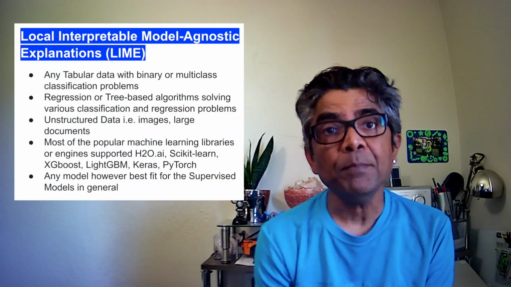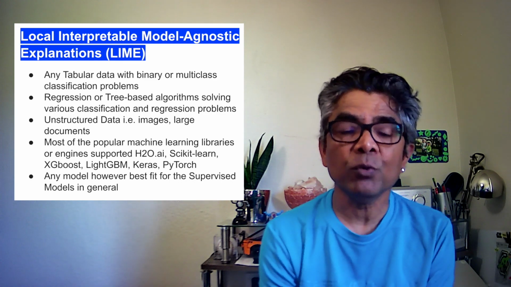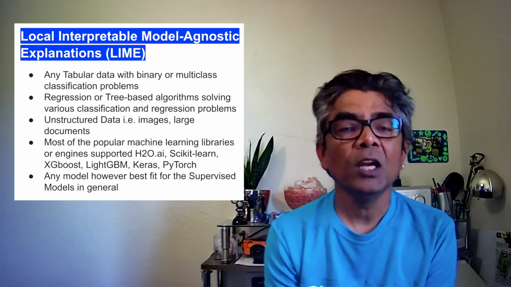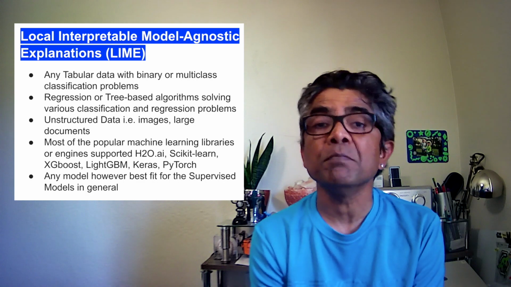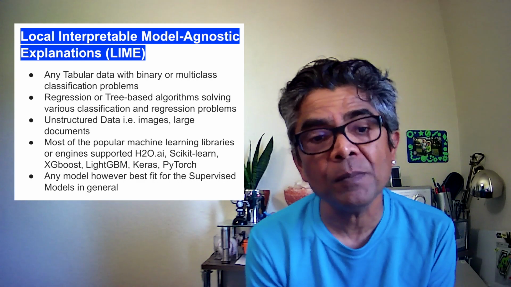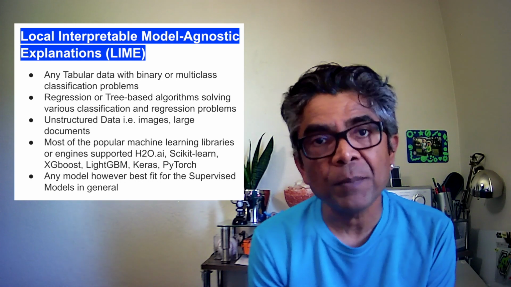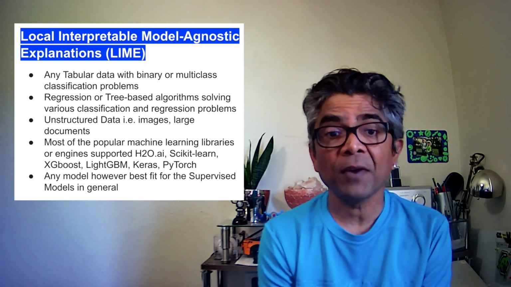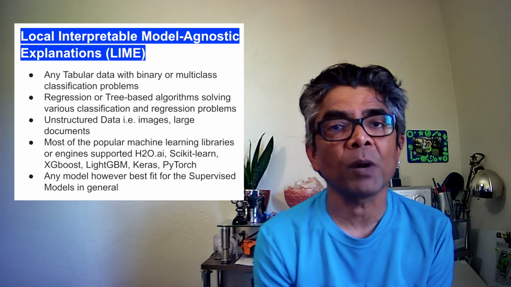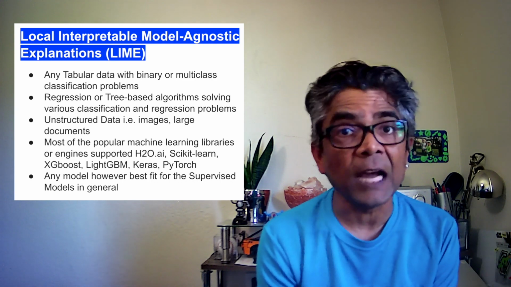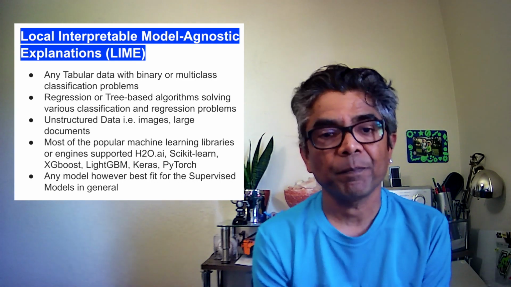So the LIME model explanations can be used with any tabular data, whether it has a binary or multi-class classification problem. If you are using regression or tree-based algorithms to solve various classification or regression problems, you can definitely use LIME to explain your results.